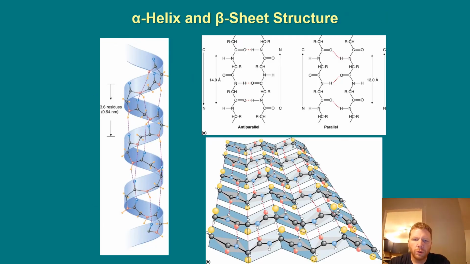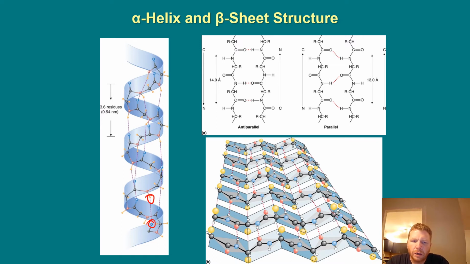Okay, so here's some good representations of an alpha helix, which is on your left-hand side of the screen. What I want you to see with that is, and this is kind of tough to tell, but the atoms that I want you to recognize are this blue one and this yellow one.